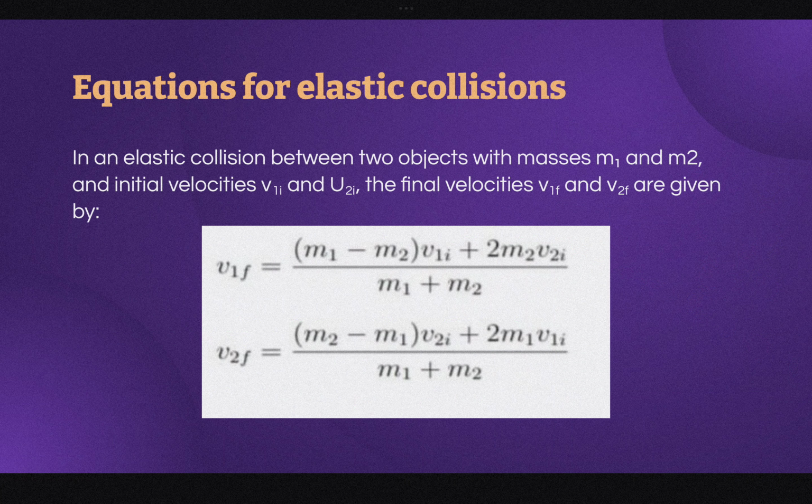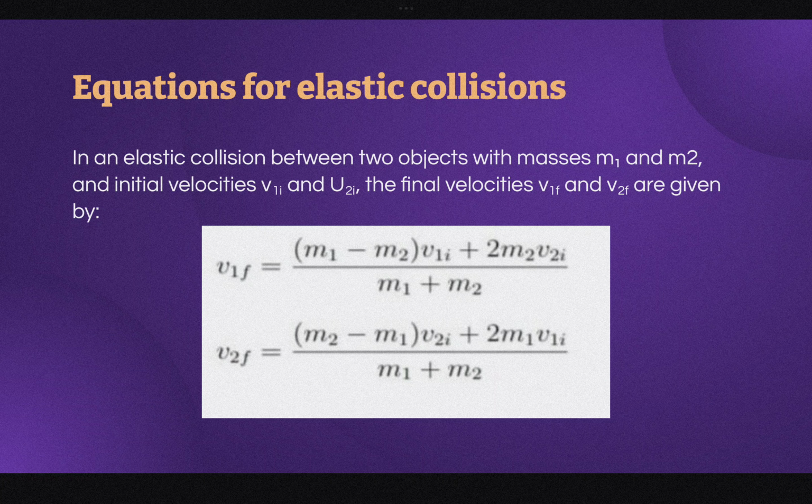The equations for elastic collisions are: the final velocity of the first object, v1f, is given as (m1 minus m2) times v1i plus 2 m2 v2i, the whole divided by (m1 plus m2), and the final velocity of the second body, v2f, is (m2 minus m1) times v2i plus 2 m1 v1i, the whole divided by (m1 plus m2).